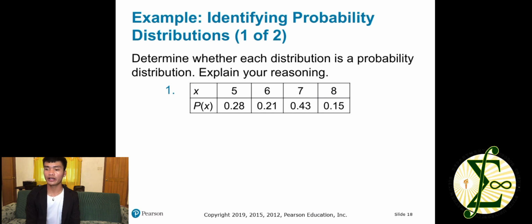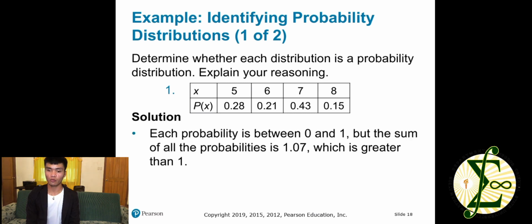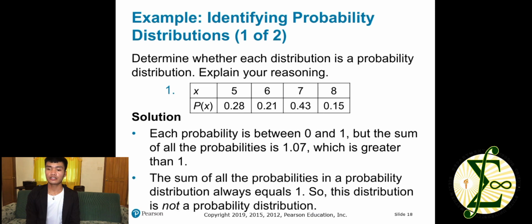But it does not satisfy the second condition, that the sum of all the probabilities is equal to 1, because the sum of these probabilities is 1.07, which is greater than 1. The sum of all the probabilities in the distribution must always equal 1. So this distribution is not a probability distribution, because it must satisfy the two conditions.